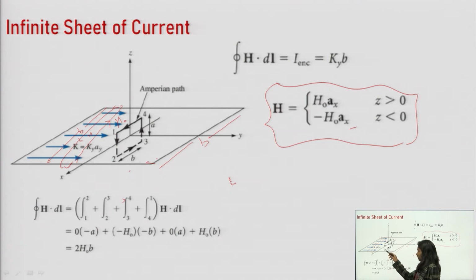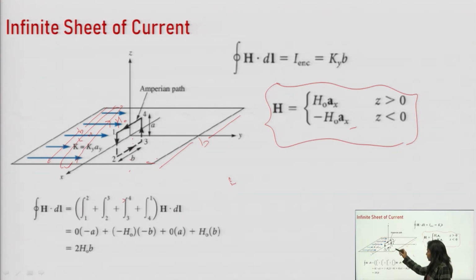Plus, moving from 2 to 3, the distance is minus b, because we are moving in the negative x direction. H is also present there, in the negative direction, because for z less than 0, on the downward side, H is minus H naught a_x, so we write minus H naught.